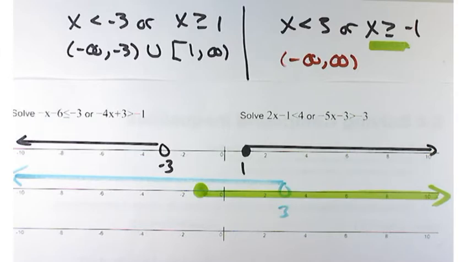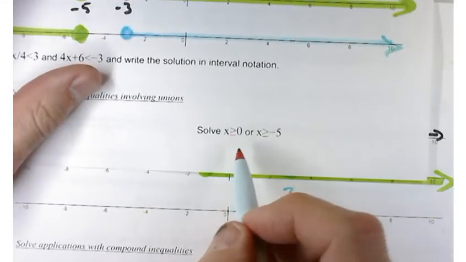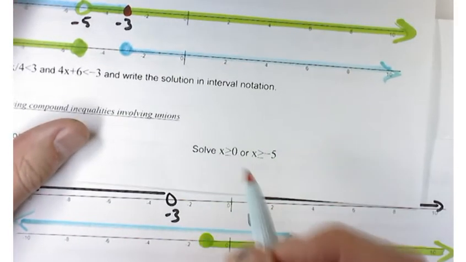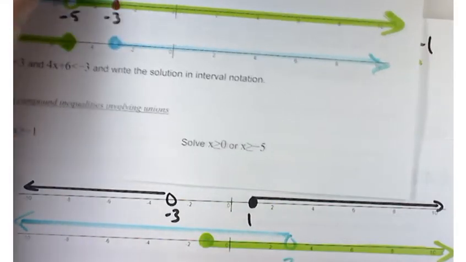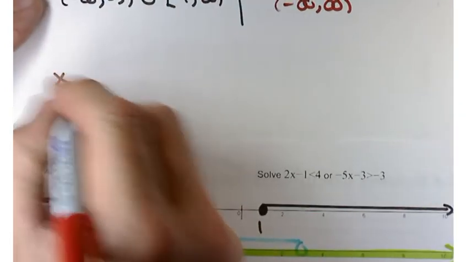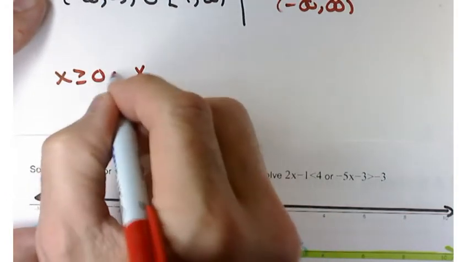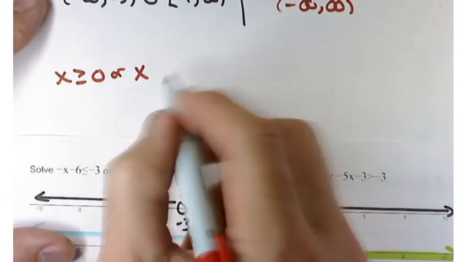And let's see. Let's do one last one. And I'll kind of keep it simple. The idea extends to some of these other problems like this one. But I want to get you out of here. So x is greater than or equal to 0 and x is greater than or equal to -5.